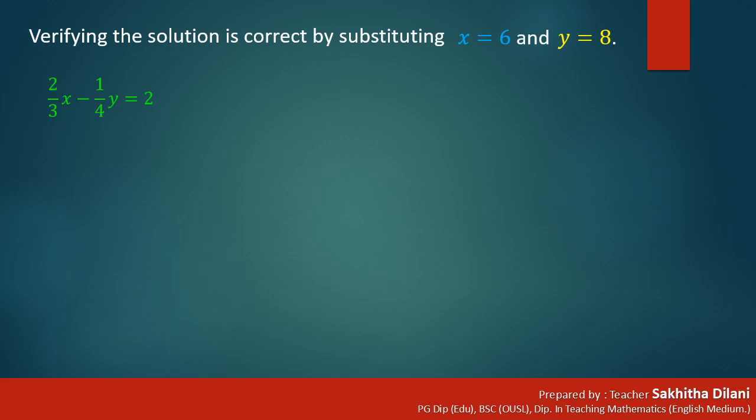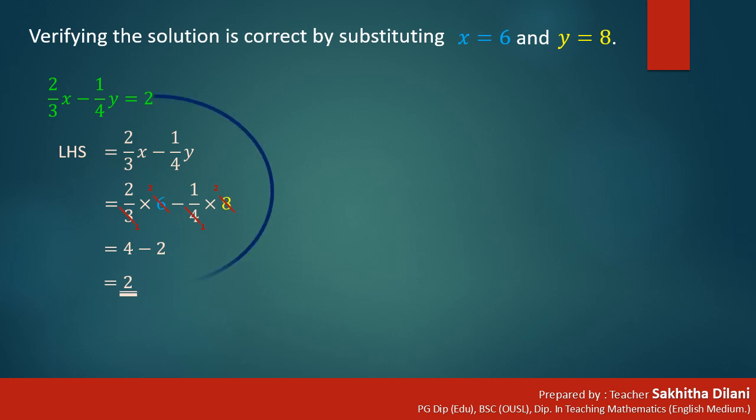We substitute the values of x and y for the expression in the left hand side. After simplifying them, you can see that 4 minus 2 equals 2, that is equal to the right side of the given equation. That means left hand side is equal to the right hand side.